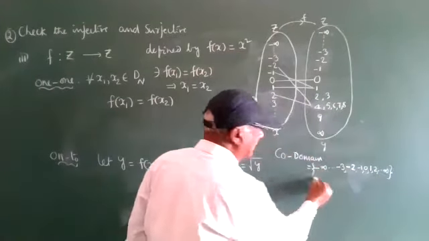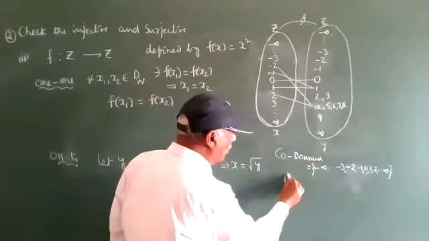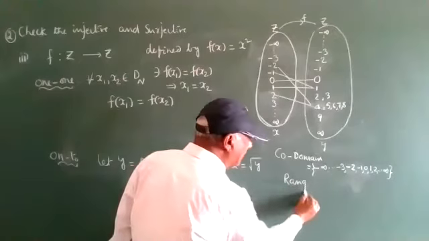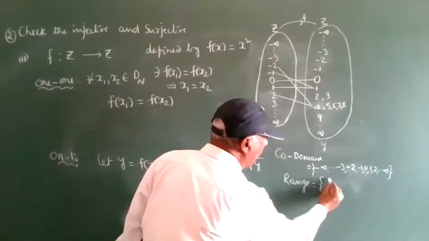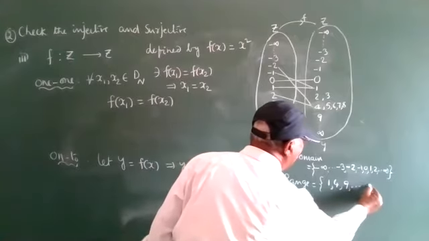These are the integers. The codomain is this, but the range is only positive values, that is also square values: 1, 4, 9 up to infinity.